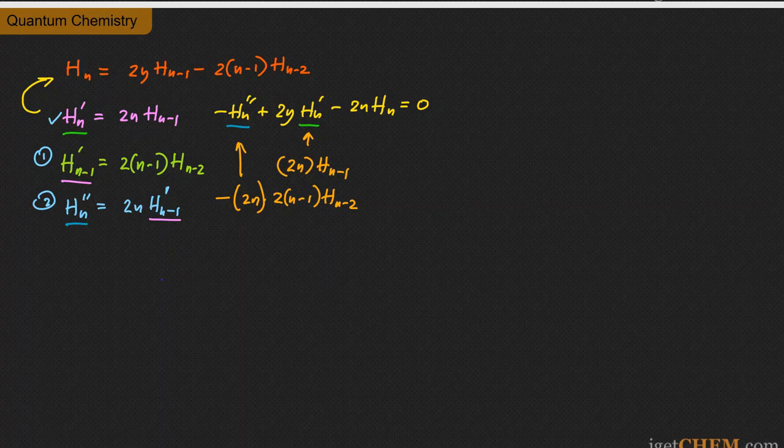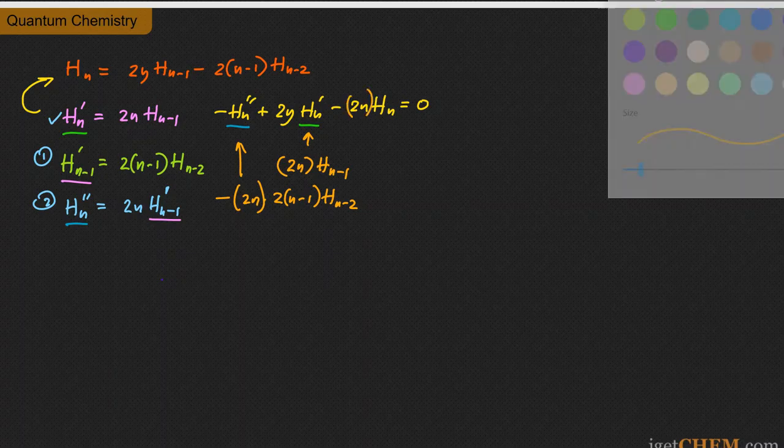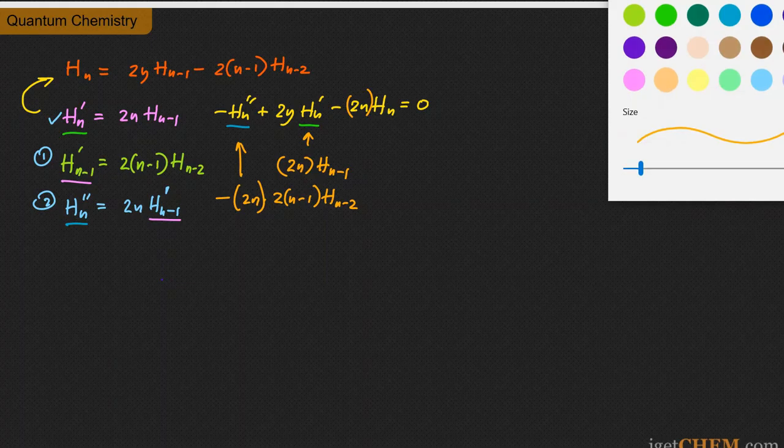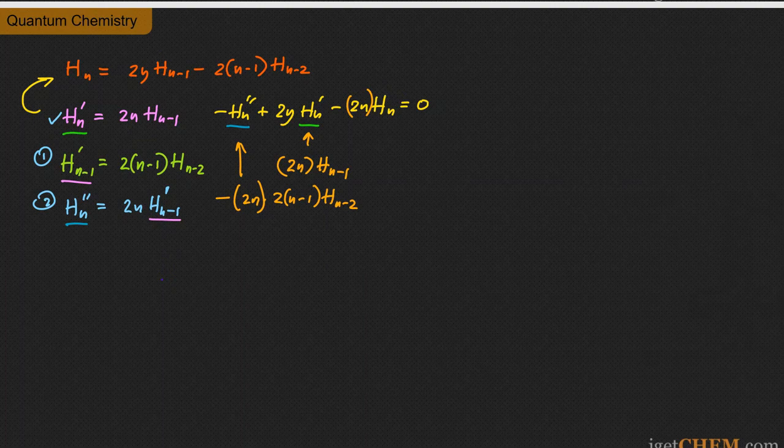And clearly, this is just 2n times H_n. On the right side, this is all equal to 0. So you see that there's a factor of 2n that is in every one of these terms. And so you can divide out 2n because n is going to be an integer.